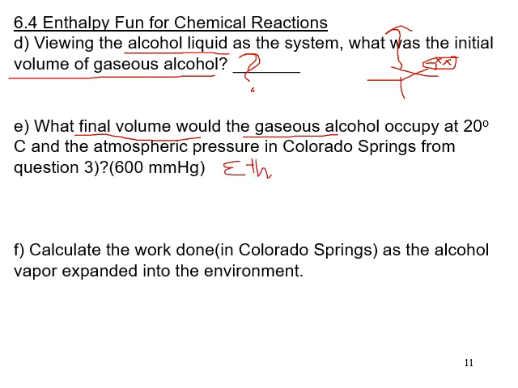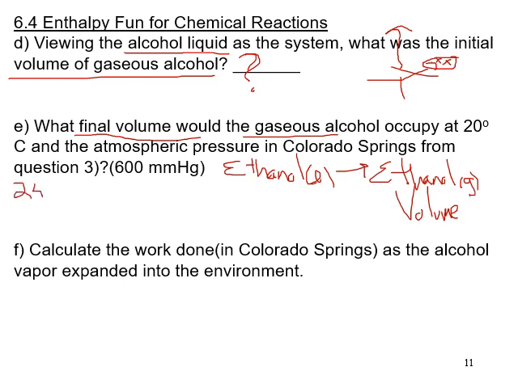Because remember, this is ethanol. And the ethanol was a liquid, and when the liquid went to a gas, it's ethanol gas. The question I was asking you is, what's the volume of this gas? Well, we knew how much ethanol we started with, remember. Since we knew by density, we knew the volume.